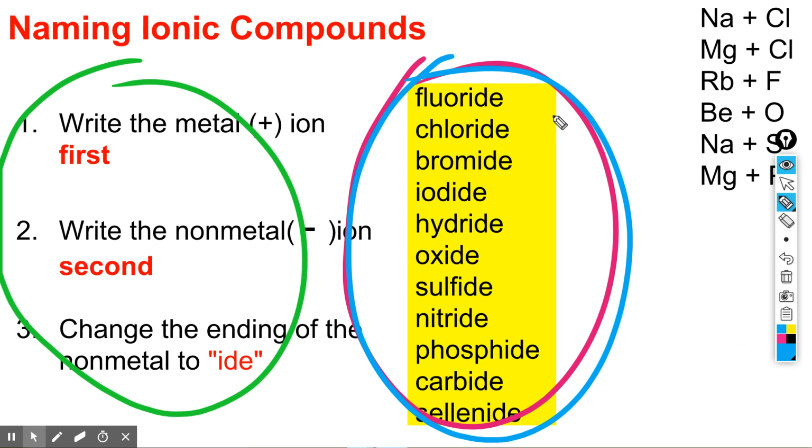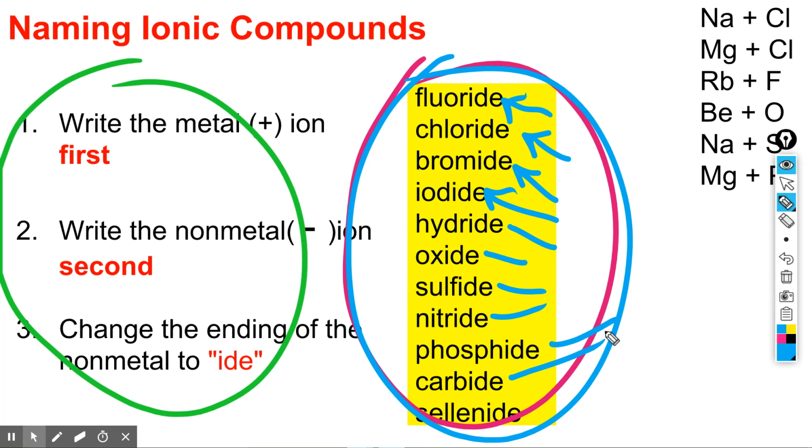When it's fluorine, you change it to fluoride. When it's chlorine, you change it to chloride. When it's bromine, you change it to bromide. When it's iodine, change it to iodide. Hydrogen is hydride. Oxygen is oxide. Sulfur is sulfide. Nitrogen is nitride. Phosphorus is phosphide. Carbon is carbide. Selenium is selenide. So write all those down.